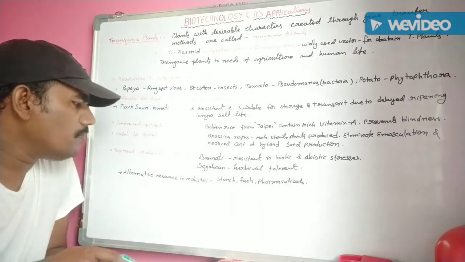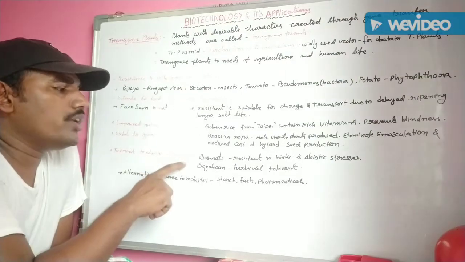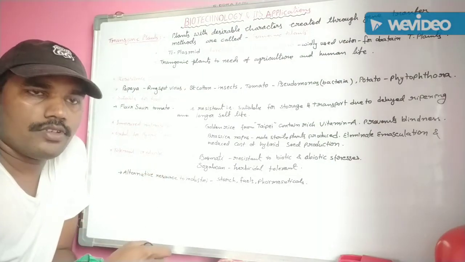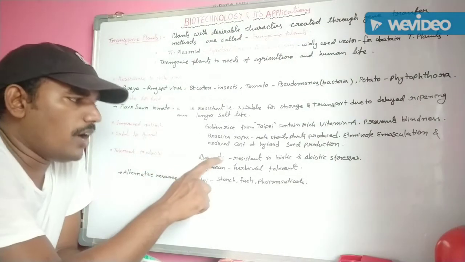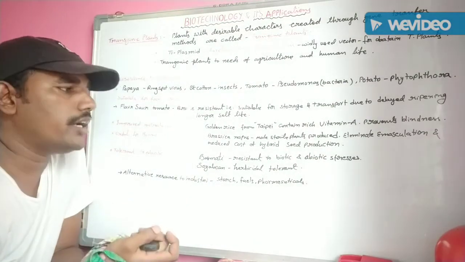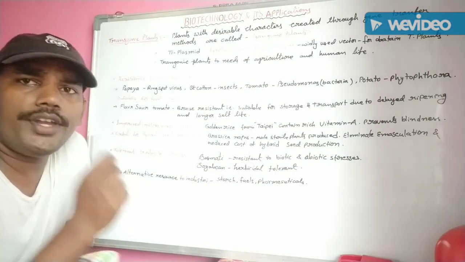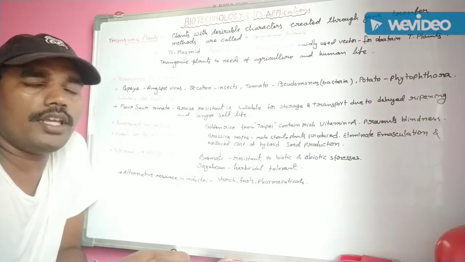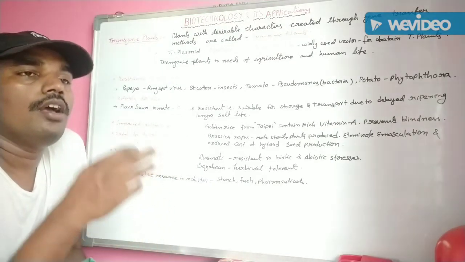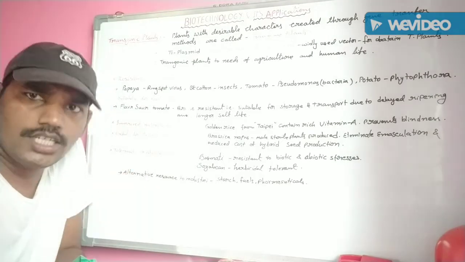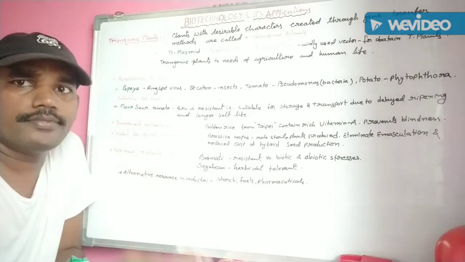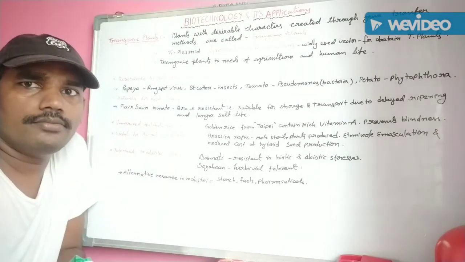Especially transgenic plants are tolerant to abiotic stresses. Suppose basmati rice is resistant to biotic and also abiotic stresses. That means drought condition, heat condition, cold condition, chemical condition.